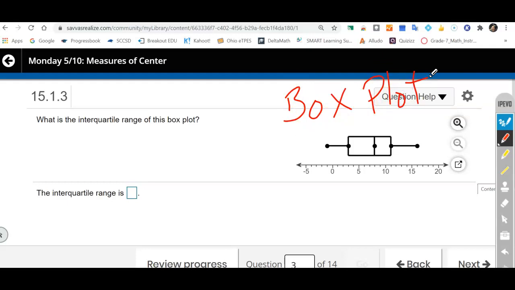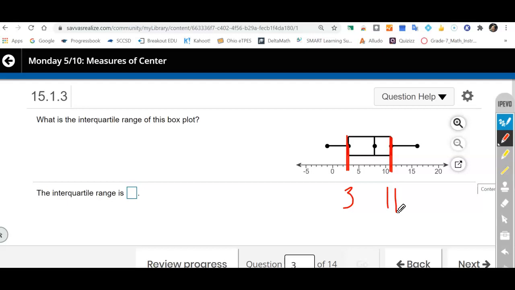And what it does is it shows me the data broken up into 4 equal groups. So 1/4 of the data, 1/4, 1/4, 1/4. Now, the middle 50 is from one end of the box to the other end of the box. So this number falls on what, 3? This end of the box falls on 11.